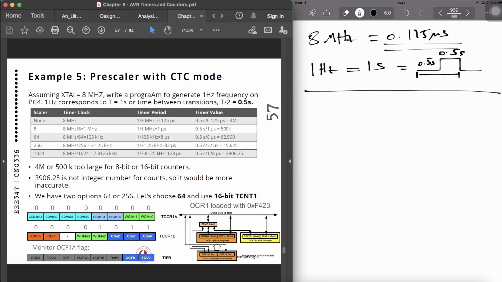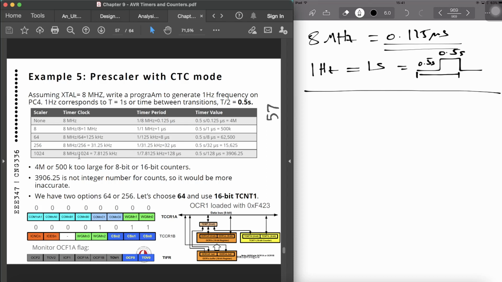Now 64: if we do a prescaling of 64, we'll have 125 kilohertz, which gives us 8 microseconds. 0.5 divided by 8 microseconds is 62,500, which can be handled. 256 gives us 31.25 kilohertz, which is 32 microseconds, which is 15,625.